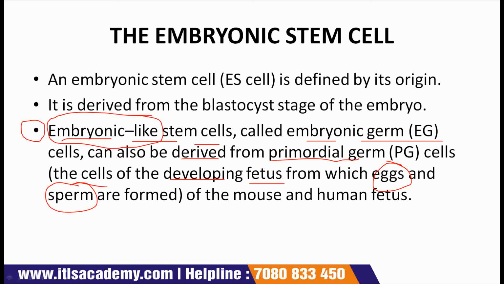Sperm in male and eggs in female are our germ cells, our gametes, and these gametes are derived from primordial germ cells. These primordial germ cells are also a kind of embryonic stem cell, or we can say these are embryonic like stem cells.